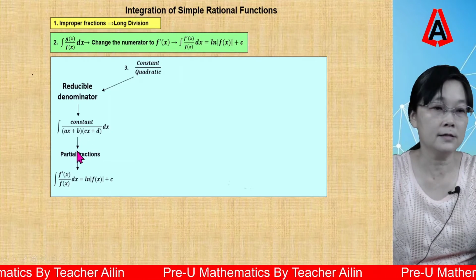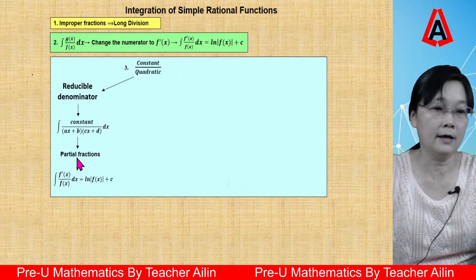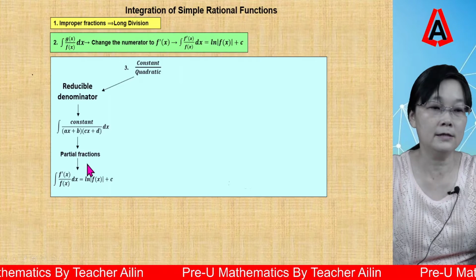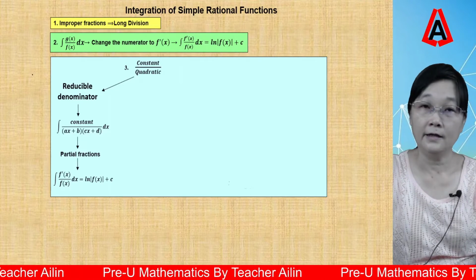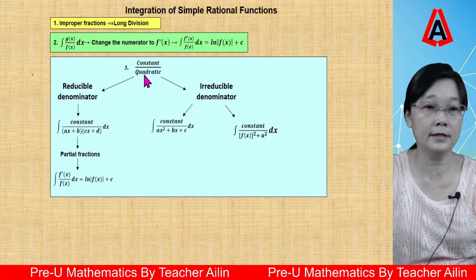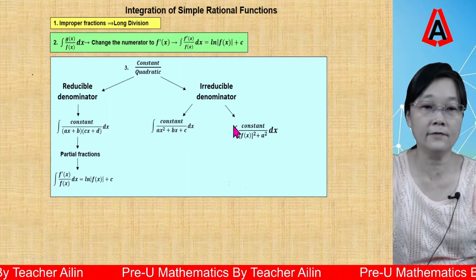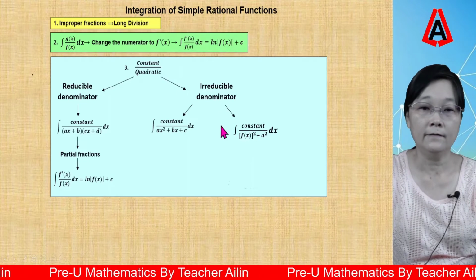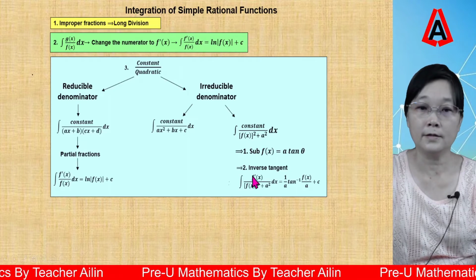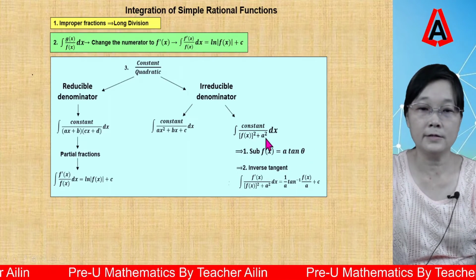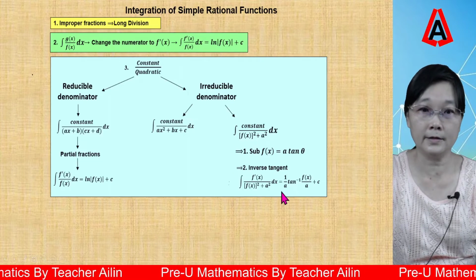After factorizing, we use partial fraction to separate it, followed by using this formula to find the final integration. If we are not able to factorize the denominator, then the rational function will be in either this form or this form. If the rational function is in this form, then there are two methods that can be used. One is by using substitution method, and the other one is by using formula method.